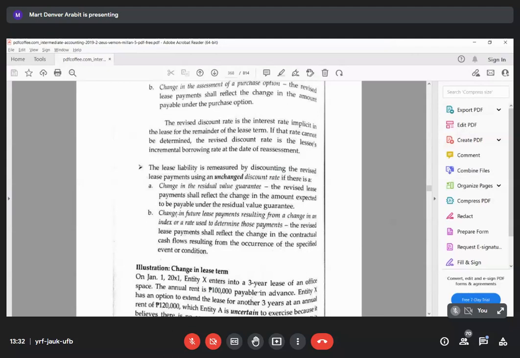And letter B is the change in future lease payment resulting from a change in an index or a rate used to determine those payments. So in this scenario, this liability will be remeasured by discounting the revised lease payment using yung unchanged discount rate for these two examples. So same discount rate will be used.